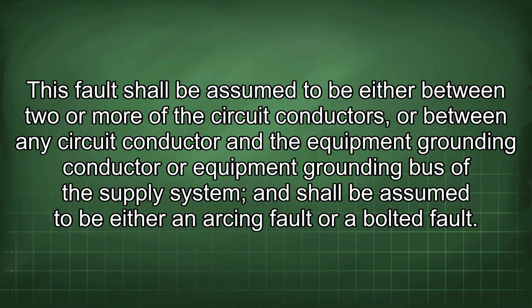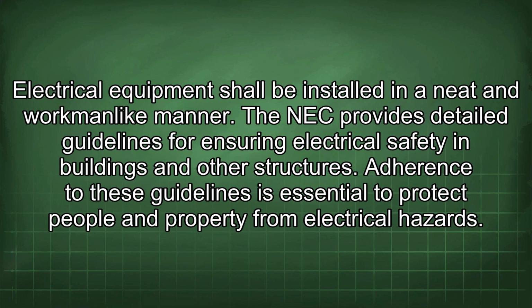This fault shall be assumed to be either between two or more of the circuit conductors, or between any circuit conductor and the equipment grounding conductor or equipment grounding bus of the supply system, and shall be assumed to be either an arcing fault or a bolted fault. The electrical equipment shall be installed in a neat and workmanlike manner.